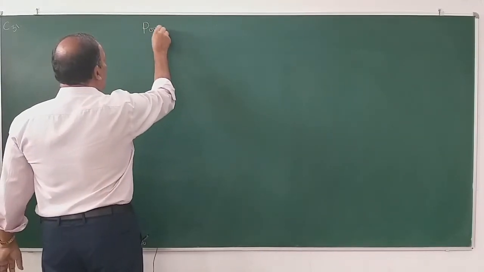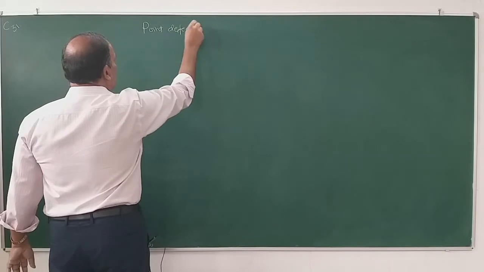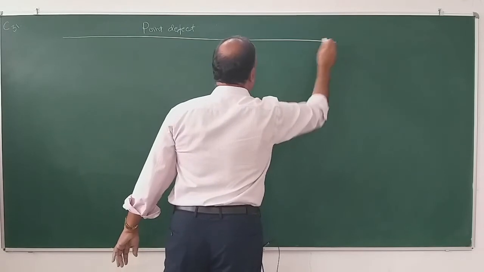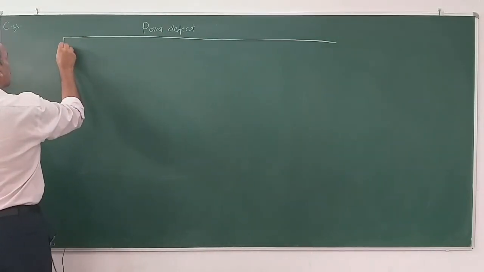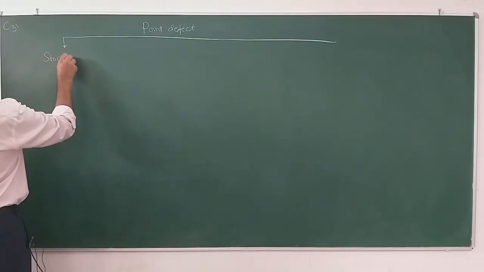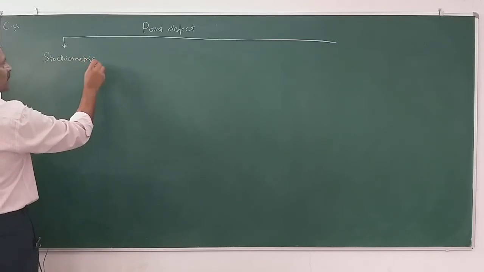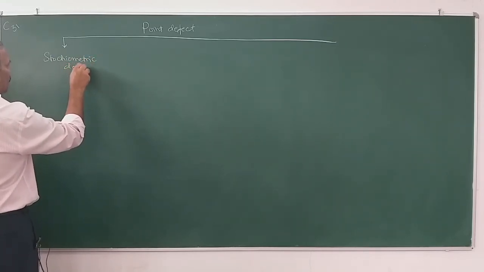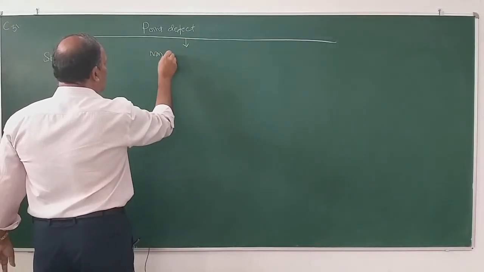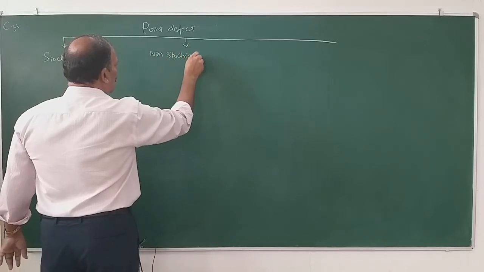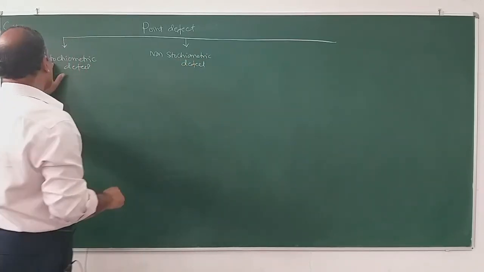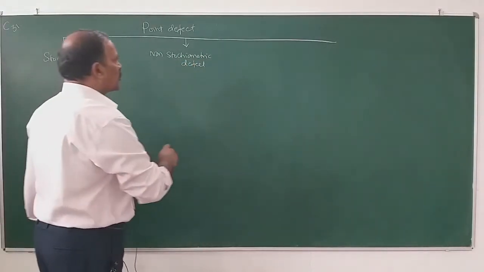So point defect. In point defect there are mainly three types. One is stoichiometric defect. Number two, non-stoichiometric defect. Stoichiometric defect and non-stoichiometric defect.